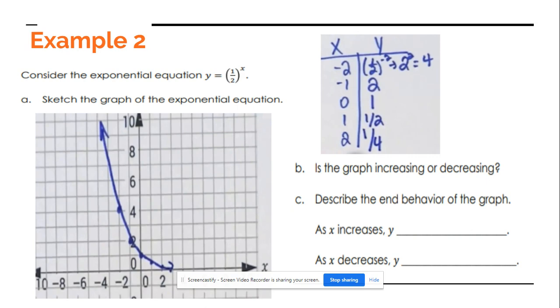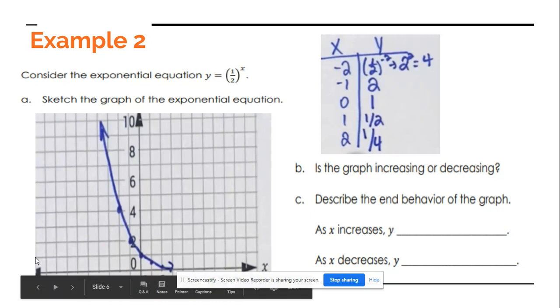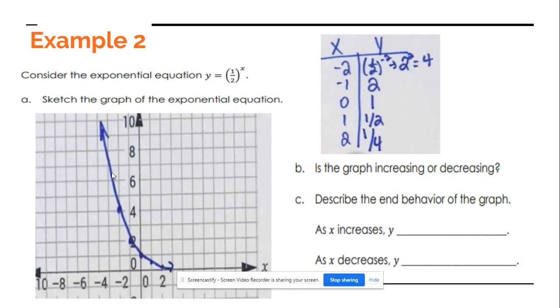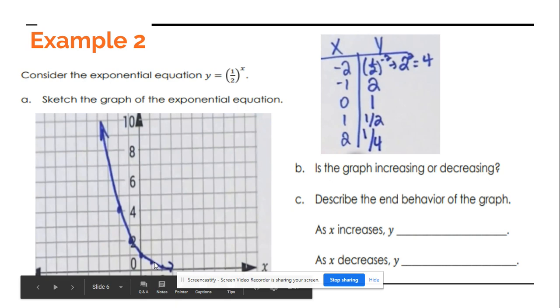But we can still talk about this graph and we can describe it. Is the graph increasing or decreasing? Remember, we read a graph from left to right. So if I follow my x values, as x increases, what's happening to the y values?